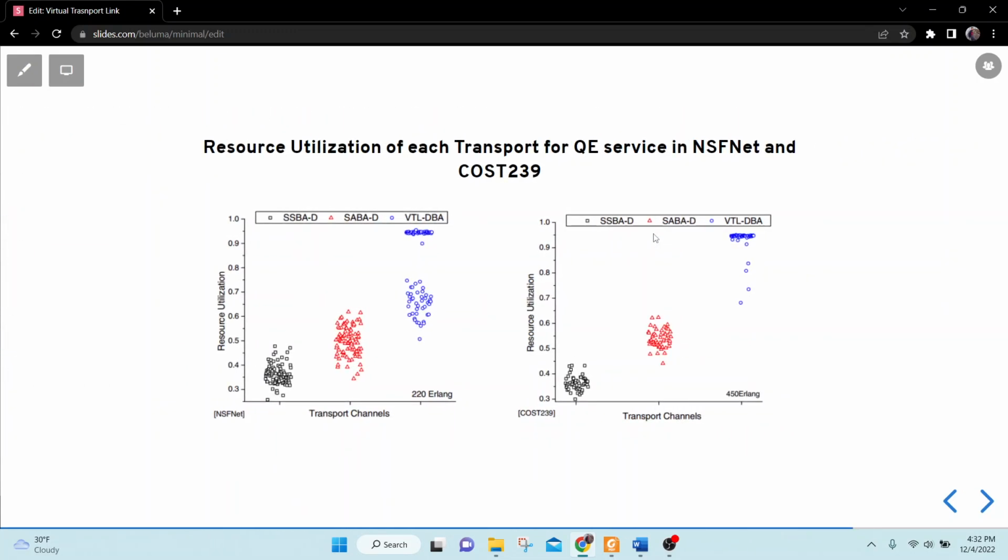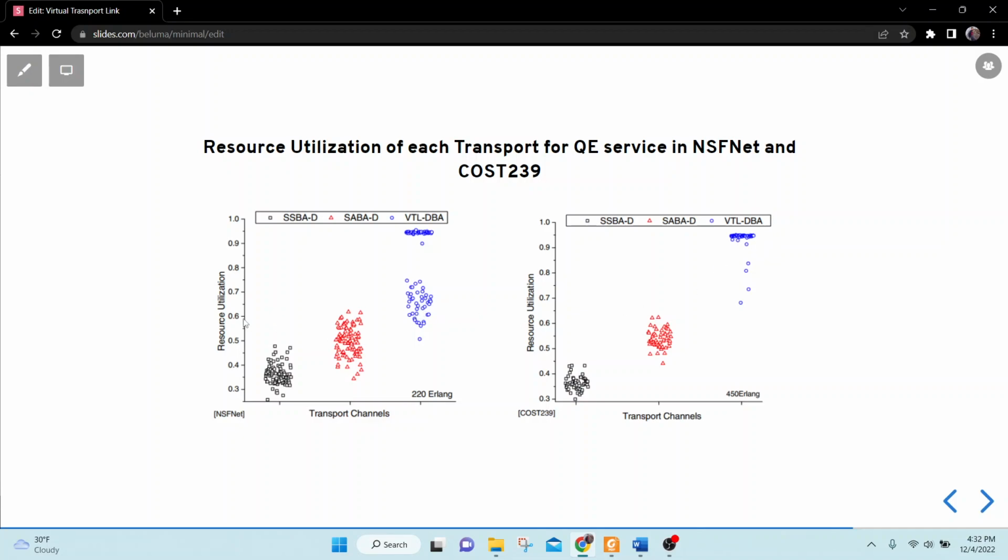This is the resource utilization of each transport for traffic with high priority based on the two topologies. In this paper, they provide the second topology result as better than the first topology, because you can see the resource utilization is almost 100% of the bandwidth.